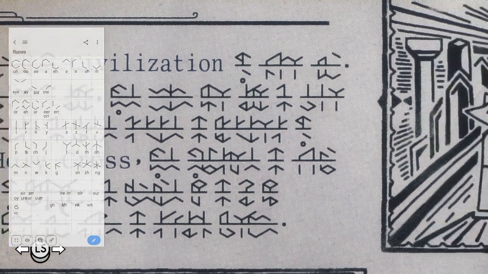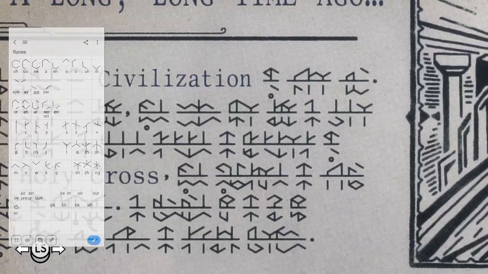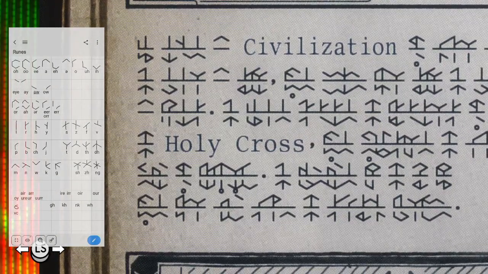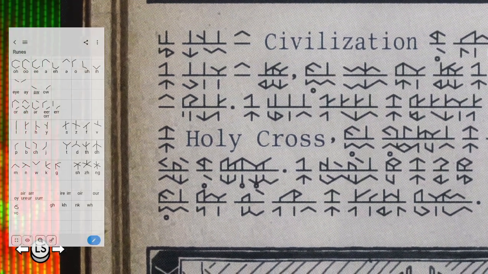They held sacred the. They held secrets. They held sacred the secrets of the Holy Cross. Well, the Holy Cross is something that's going to actually be an item, I think, according to part of the manual.